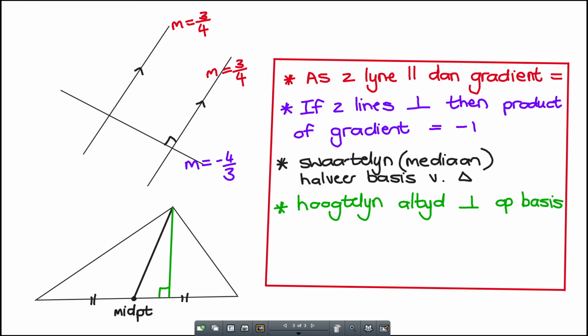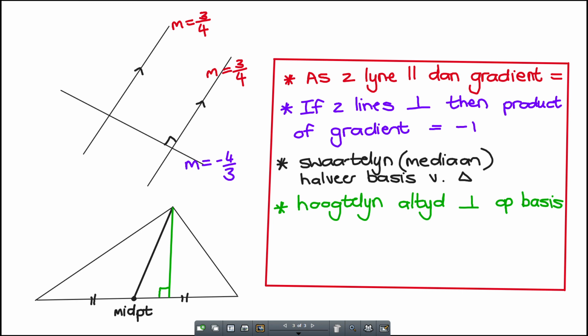Right, en dan die laaste enetjie is 'n kombinasie van hierdie twee. It's a combination of the two. It cuts in half and it cuts at a 90 degrees angle. So then it's a perpendicular bisector. Okay. Goed. In Afrikaans, middel loodlyn. Hy sê hom lekker, hy sny in die middel en hy sny loodreg.